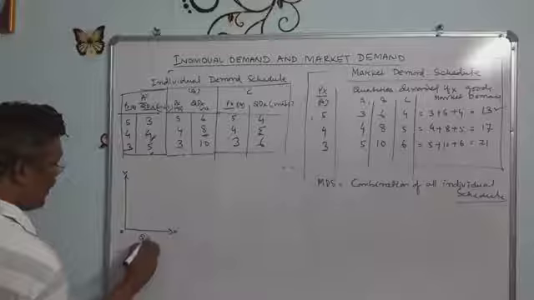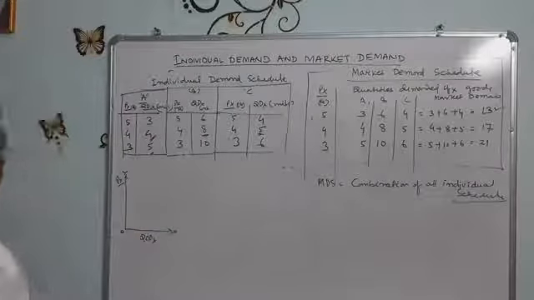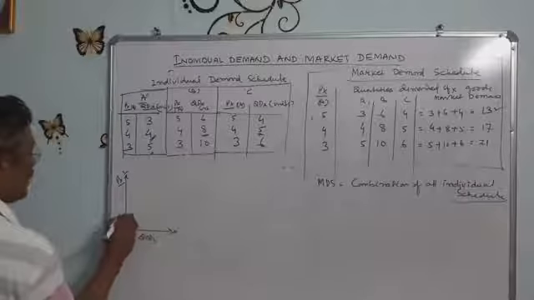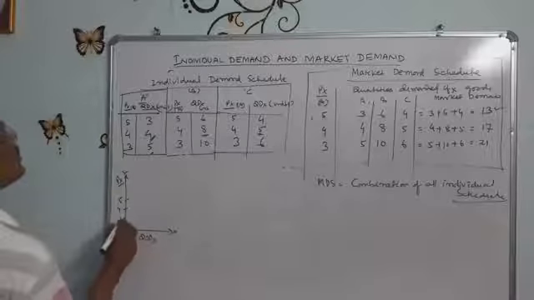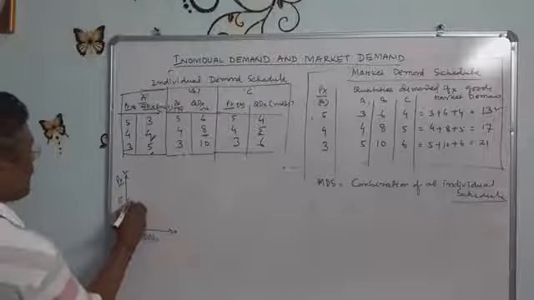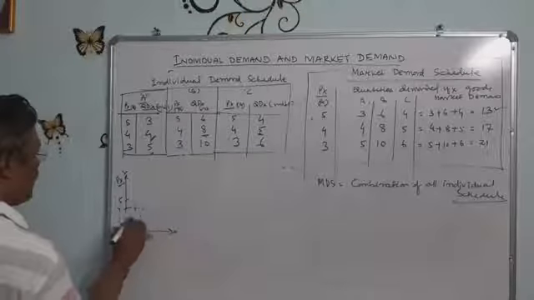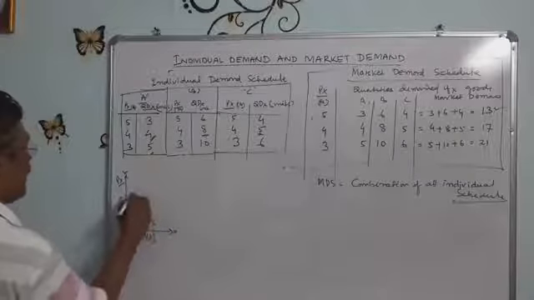OX is the quantity of demand of X goods, OY is the price of X goods. So the prices are 3, 4 and 5. At 5 rupees, 3 units; at 4 rupees, 4 units; and at 3 rupees, 5 units. This is A's individual demand curve.